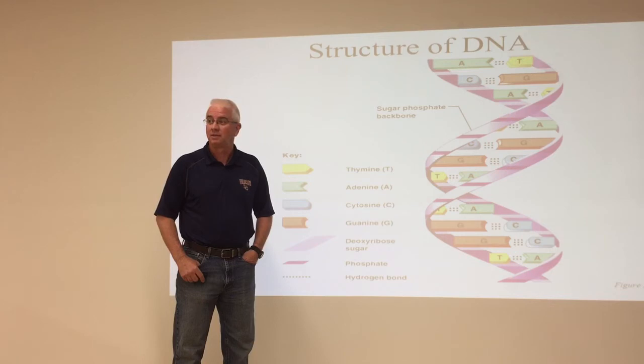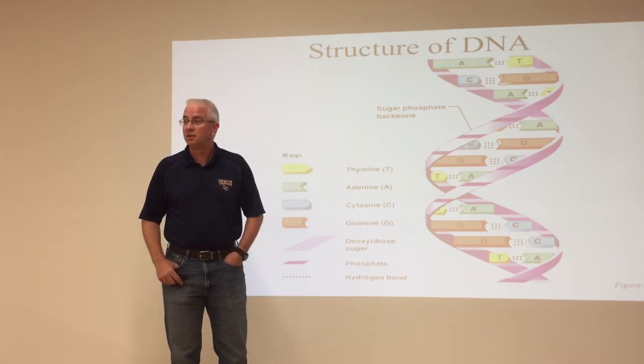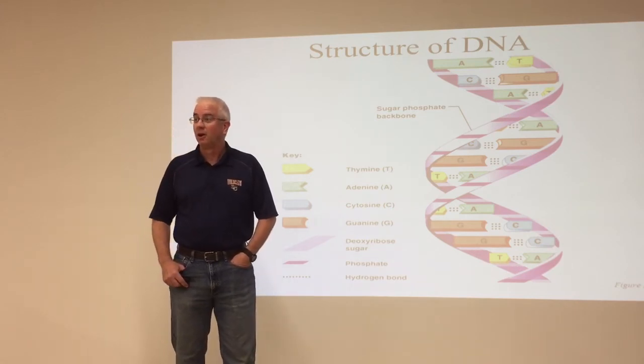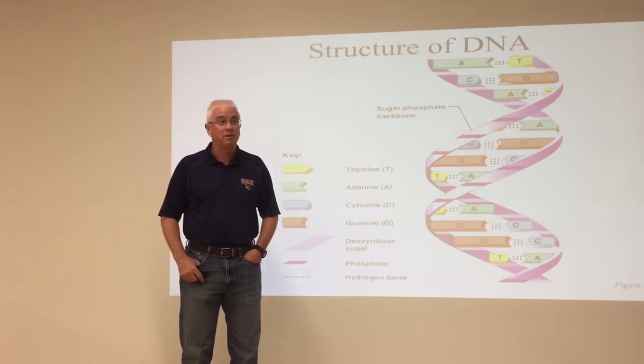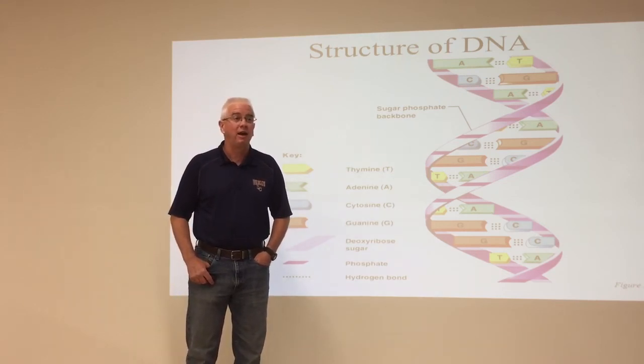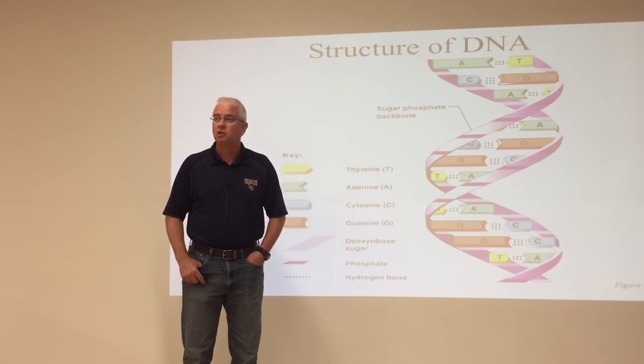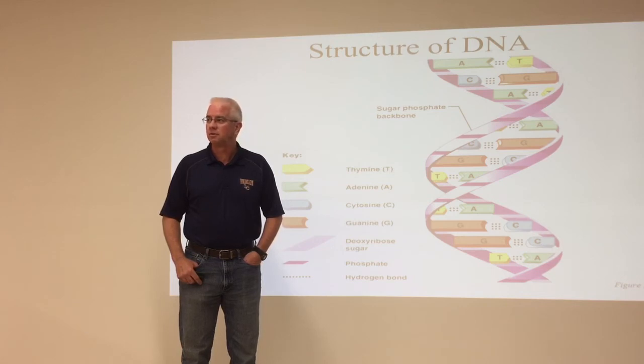We talked about this last time. Where's the complexity? Alpha helix, beta pleated sheet, tertiary, quaternary. What am I talking about? I'm talking about the structure of proteins. Now, as it turns out, the main job of the DNA molecule is to give the cell instructions for how to build the proteins.